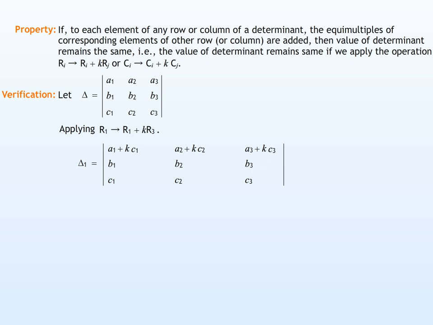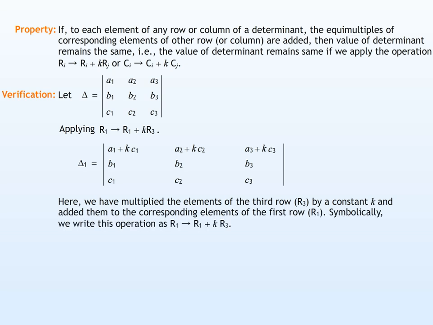Row 2, B1, B2, B3. Row 3, C1, C2, C3. Here we have multiplied the elements of the third row R3 by a constant k and added them to the corresponding elements of the first row R1.